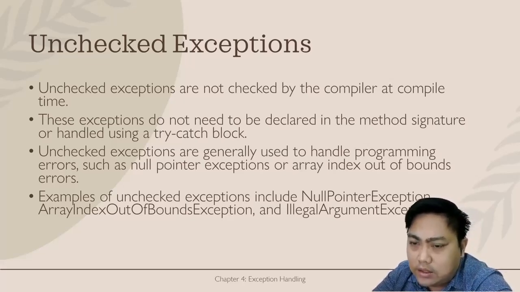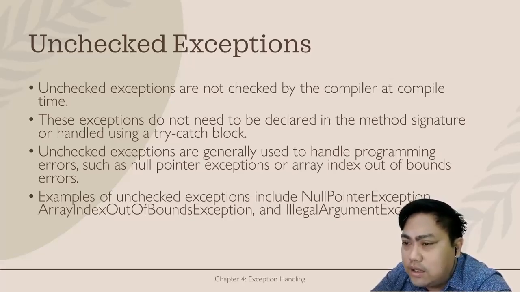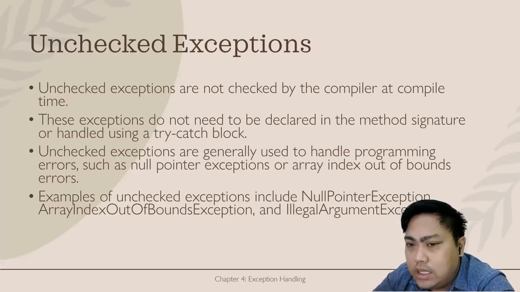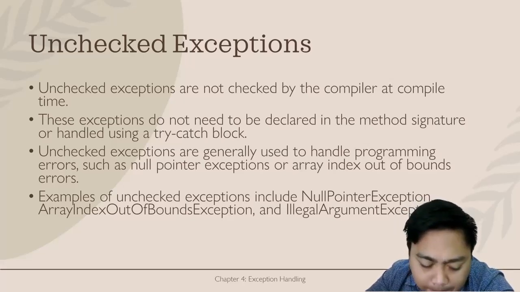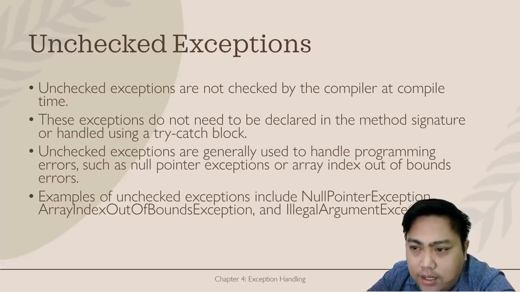Like what we have mentioned, an unchecked exception is an exception that is not required to be caught or declared in the method signature. The unchecked exceptions are not checked by the compiler at compile time, which means that the programmer does not have to handle them explicitly. So we do not need to explicitly handle these exceptions.